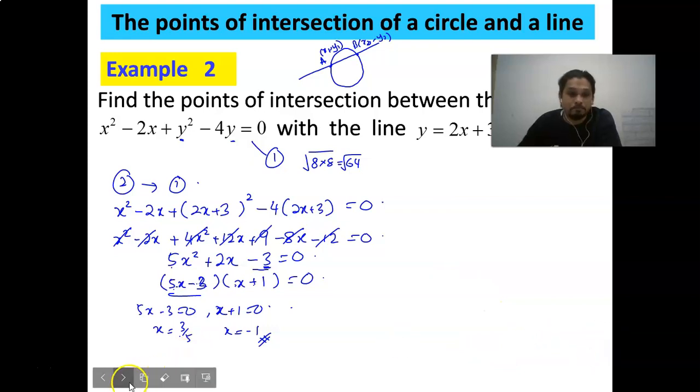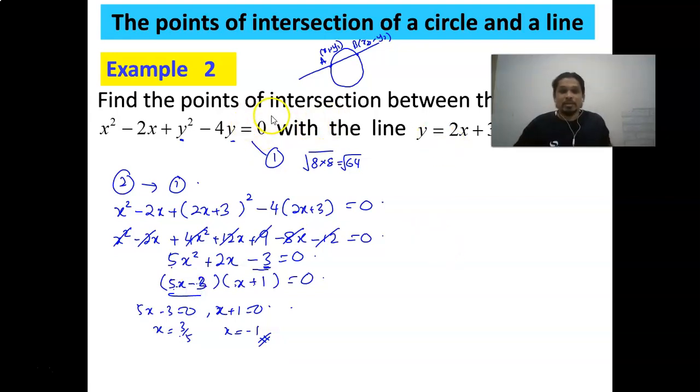And now, find the points of intersection, meaning the coordinates of A and B for the line and also the circle. I already got both values of x, 3 over 5 and -1.